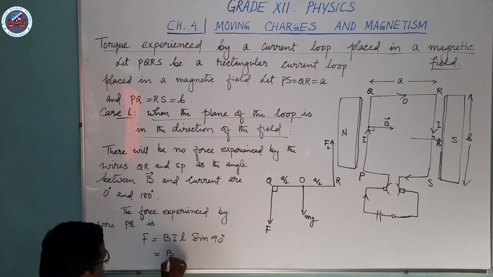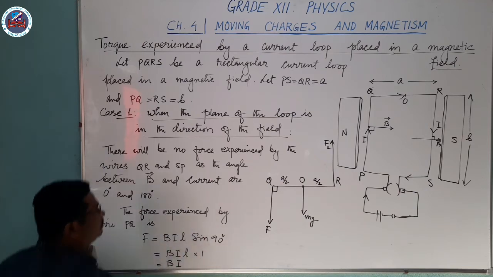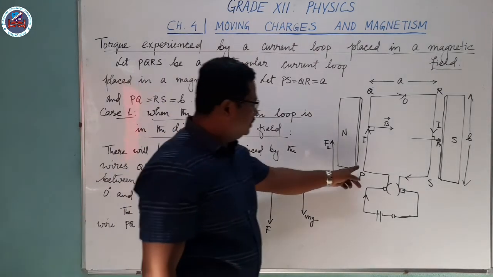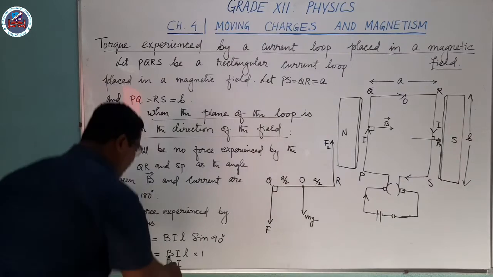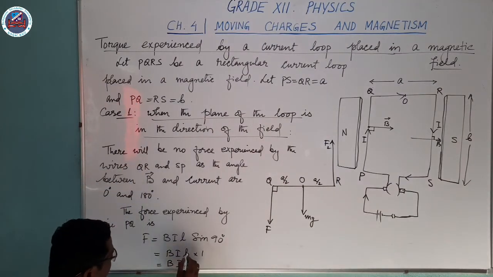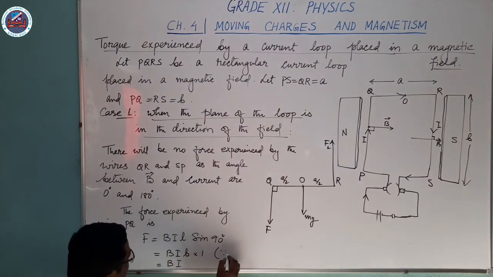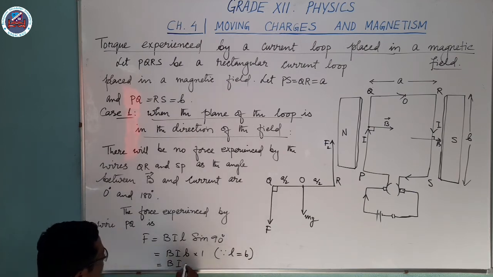So it will be BIL sine 90 degrees, which is 1, so it will give you BIL. And what is L? The length of the conductor we have chosen as B here. So in place of L it will be B, since L is equal to B. So the force is BIB.